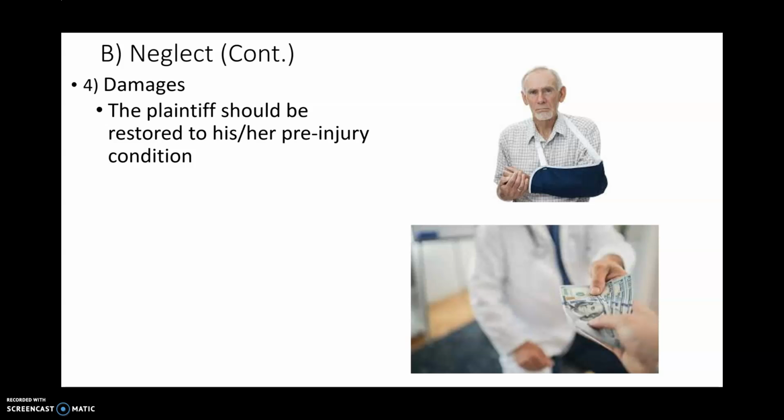If the plaintiff can easily be restored to his or her pre-injury condition, that's the amount of money that must be given from defendant to plaintiff. If we're using a car accident, you can make a fairly easy case that the damages to the car must be made whole. However much it would cost to fix the car, that's what would make the other person whole again.